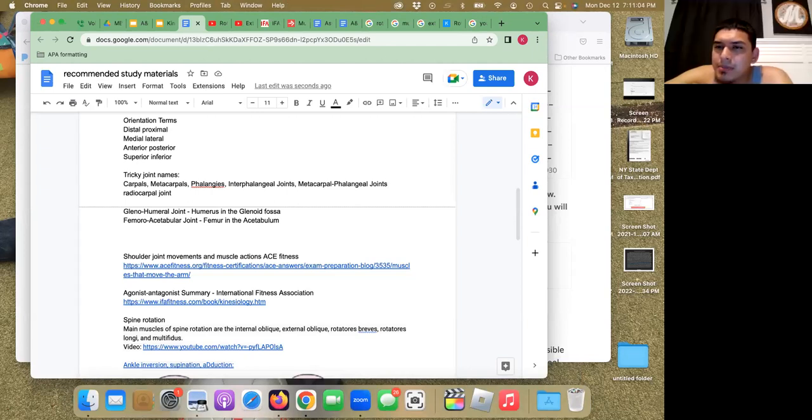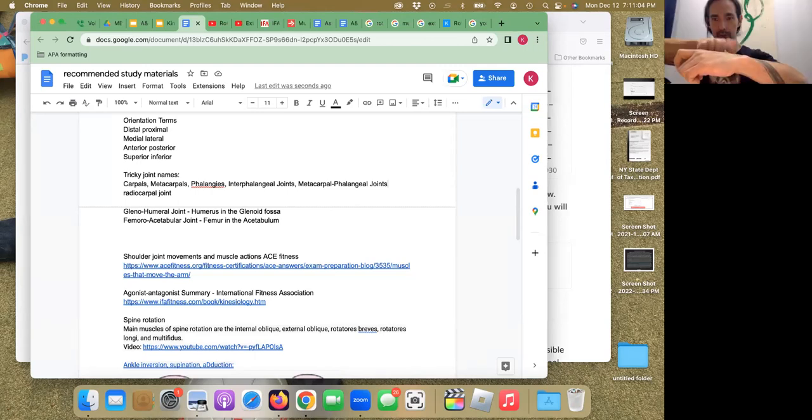This is the metacarpal phalangeal joint. Carpal metacarpal joint. Metacarpal phalangeal joint. And then these are the two phalanges, so this is an interphalangeal joint. And these are two phalanges, so this is an interphalangeal joint.